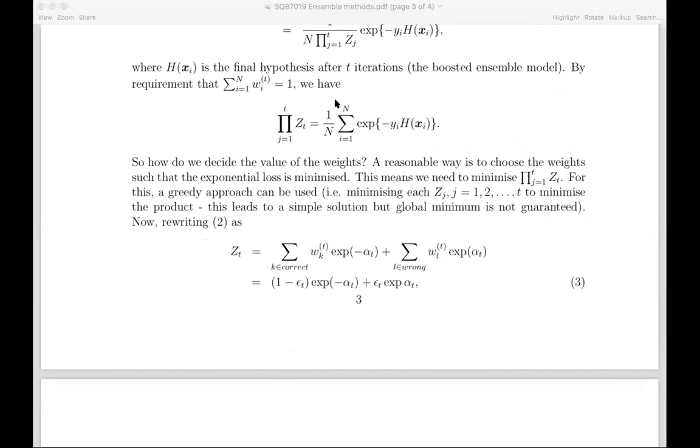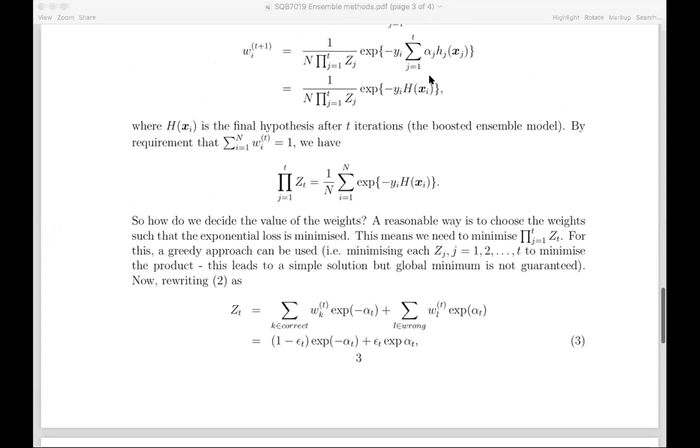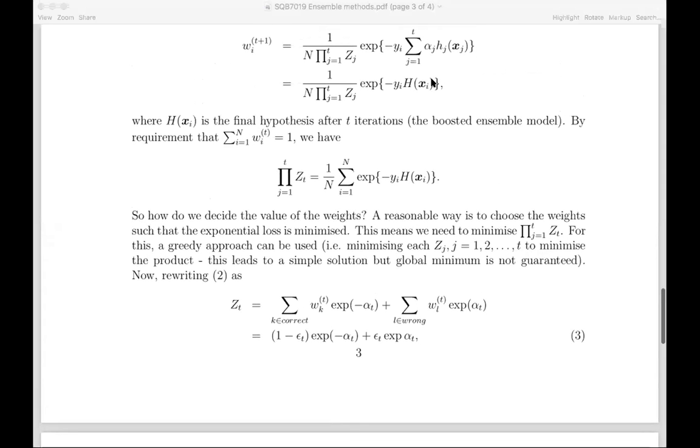So what do we do with the weights? How do we figure out how to estimate the weights? The first thing we notice is that we have to have this relationship.